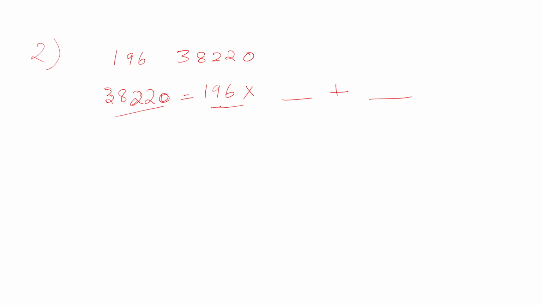So if I'm taking 196, I'll go for the nearby number 200. This is 38,220. I will go for the nearby number 40,000. Because I know 200 into 200 will give you this one, and this is a little lesser than this. So my answer here, the quotient, should be nearby 200.